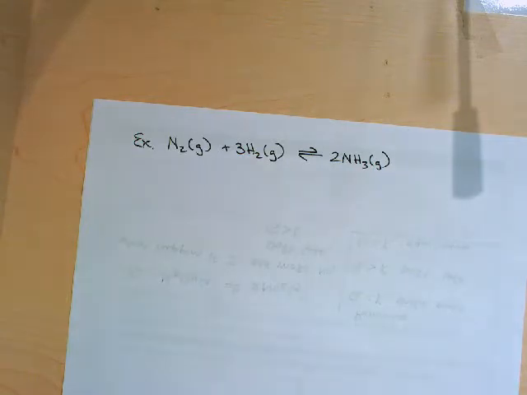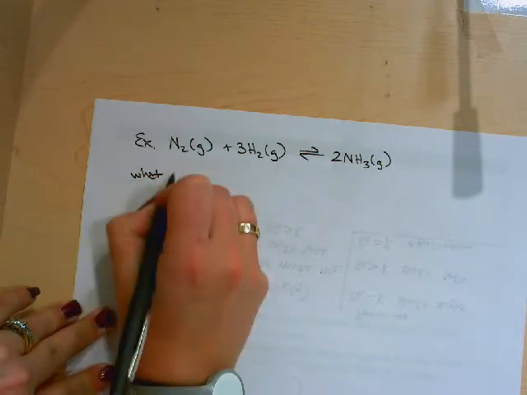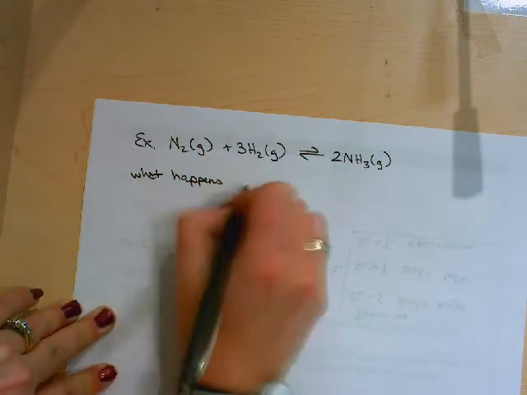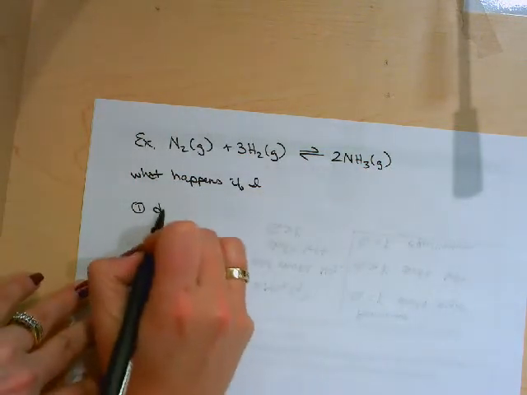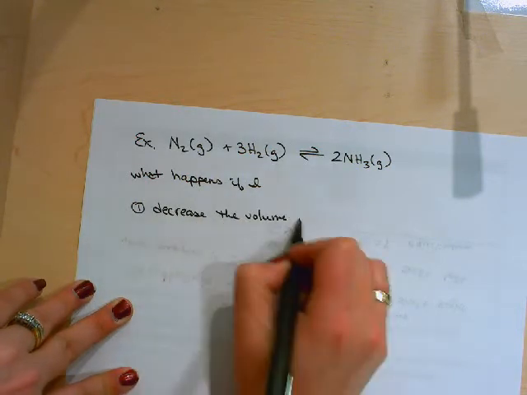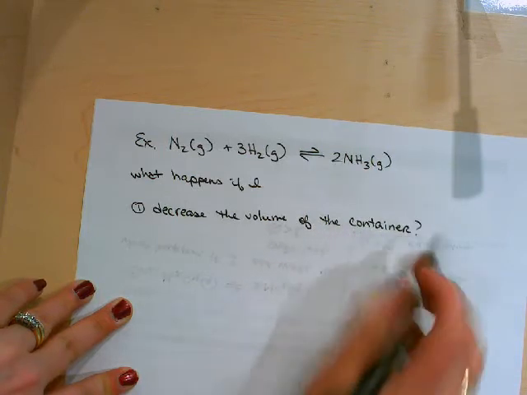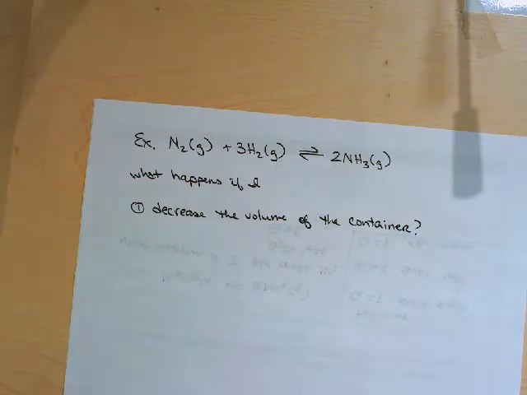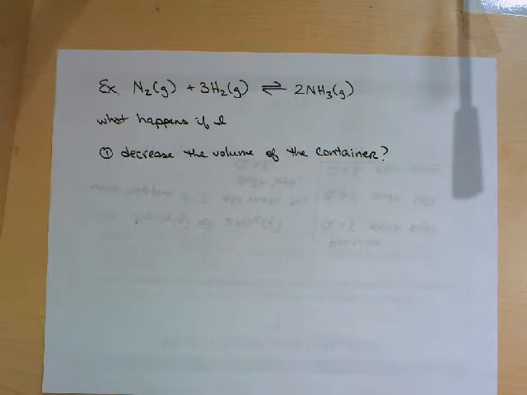Alright, so here I have the same one I had before: nitrogen, hydrogen, making ammonia. What's going to happen to this reaction if I decrease the volume of the container?